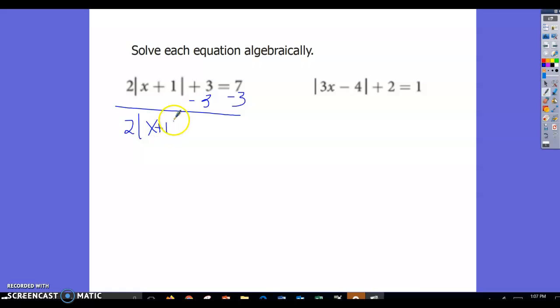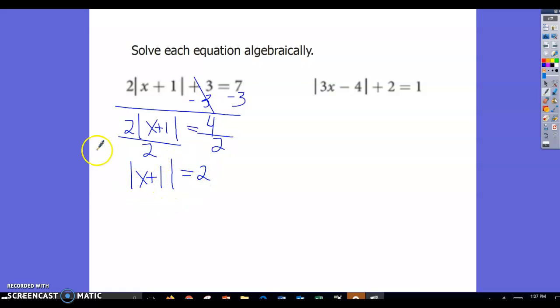Remember, when you're solving an equation, you're undoing the steps of the order of operations. So we have to undo addition and subtraction first, then undo multiplication and division. So this equals 4, and then we're going to divide both sides by 2. The absolute value of x plus 1 equals 2.